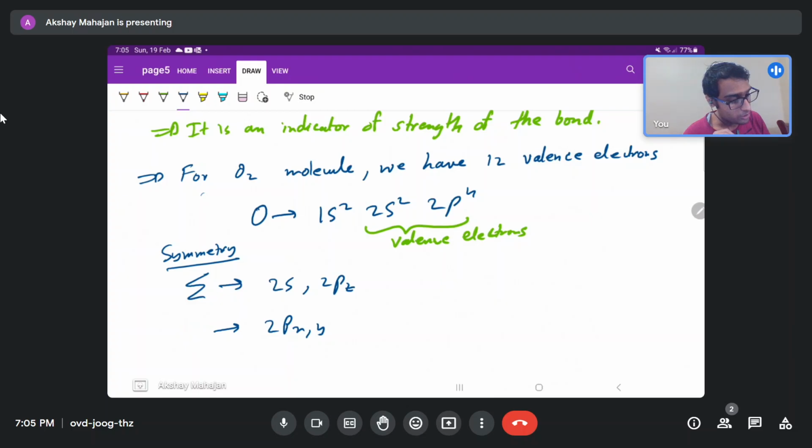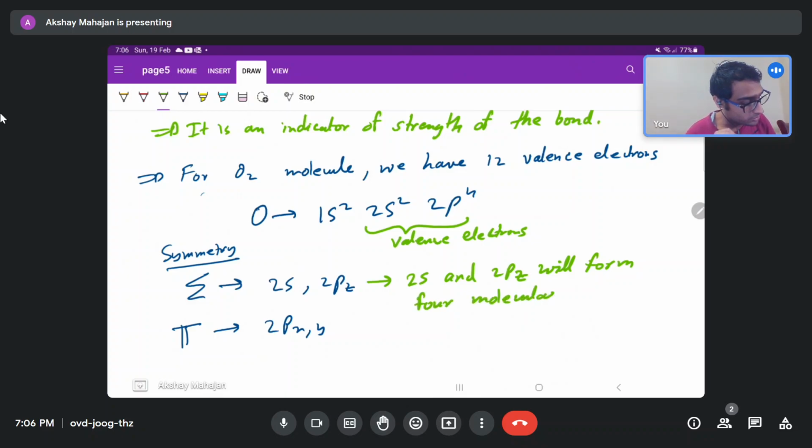Because of this, we know that 2s and 2pz will combine and form 4 molecular orbitals, which are going to be 1 sigma g, 1 sigma u, 2 sigma g, and 2 sigma u.